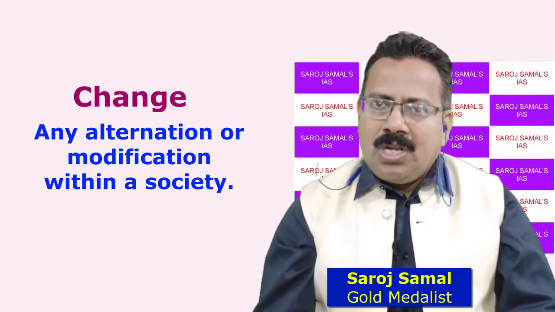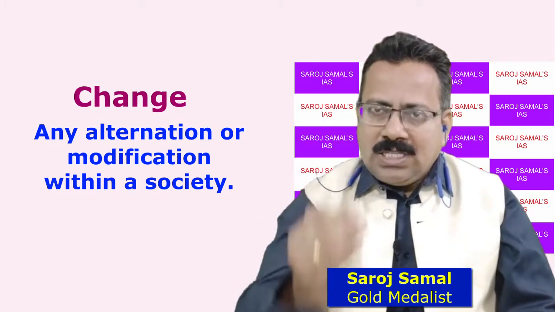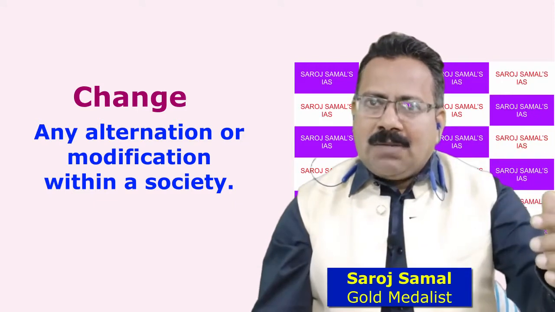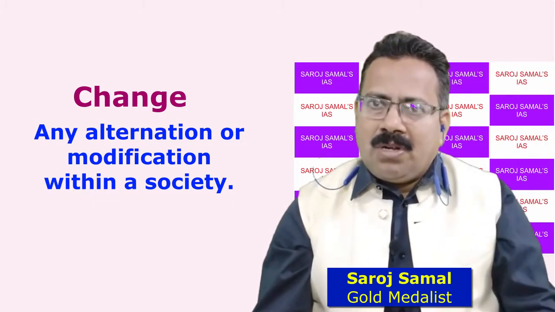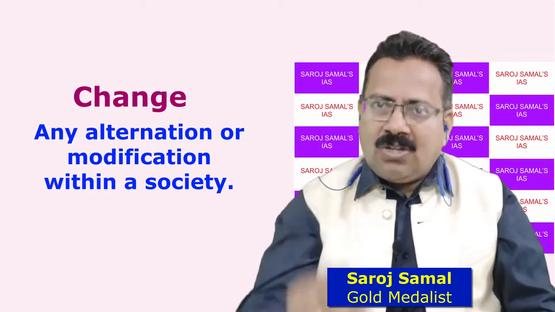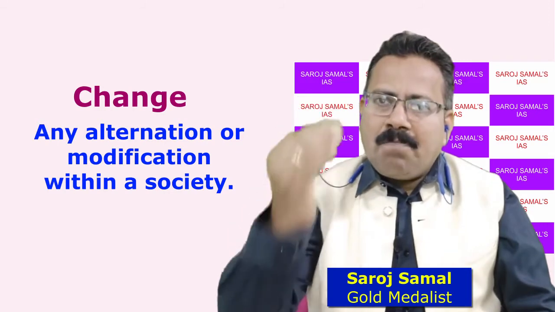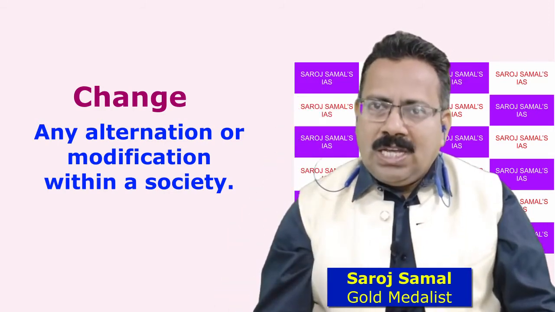For example, in today's India, the caste system is weakening. In today's India, patriarchy, which means the dominance of male members over female members, is also reducing. The impact of religion is also weakening.